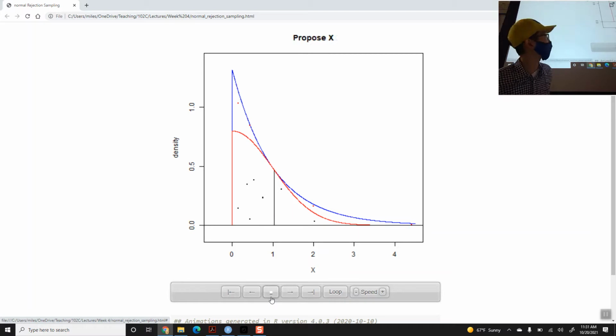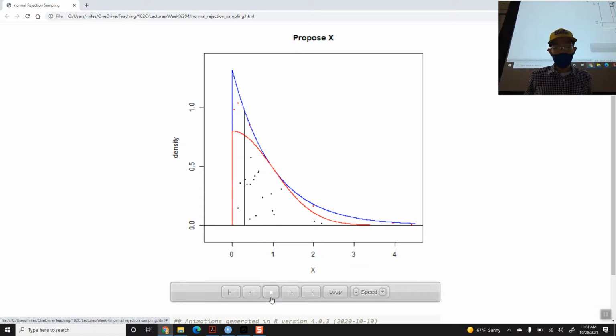All right, so here, I don't know if it's going too fast, but it's generating, proposing different x values, and every time it's proposing a different location vertically, and if that vertical location ends up above the red line, we reject it, and if it ends up below the red line, we will accept it, okay?